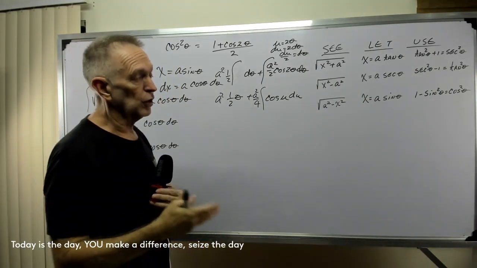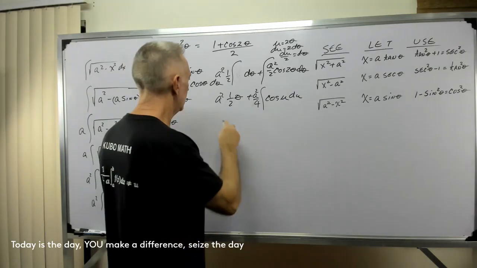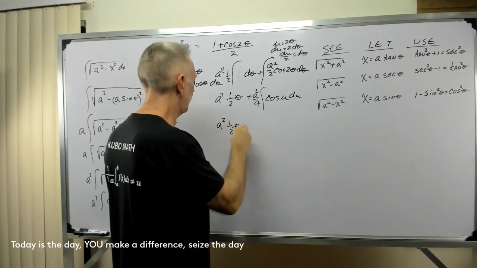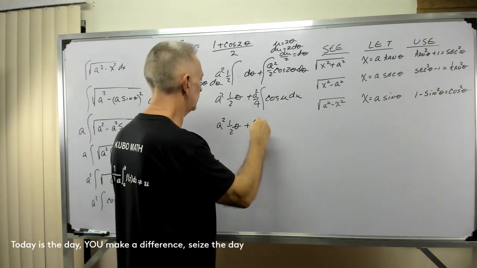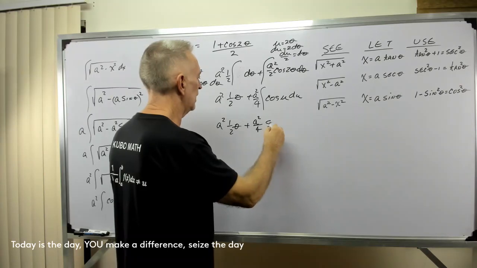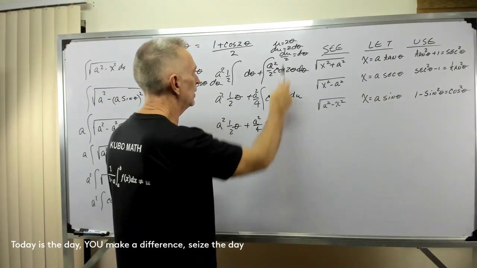The derivative of cosine is minus sine, so the integral is positive sine. So all of this ends up being a squared 1/2 theta plus a squared over 4 times sine u, but u is 2 theta.